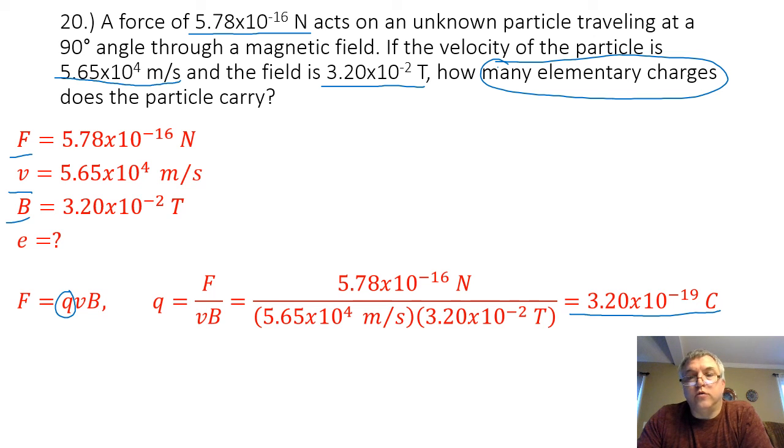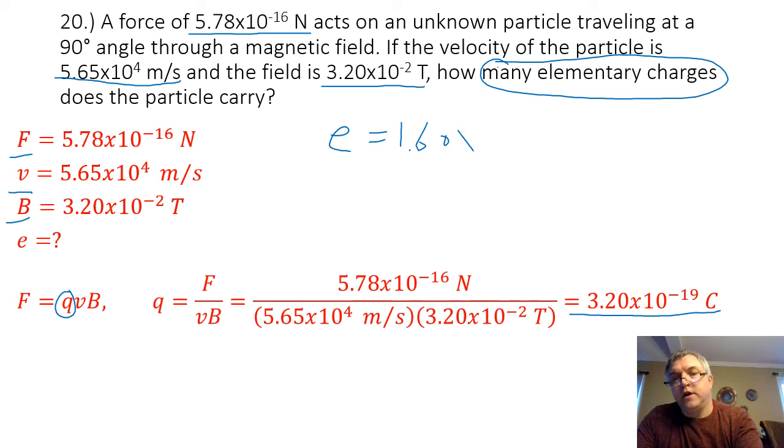Now that's the total charge of the particle. I know that one elementary charge, we use the symbol E for elementary charges, is equal to 1.60 times 10 to the minus 19th coulombs. So that becomes my conversion factor to go from the charge to the number of elementary particles, because I know one elementary particle has this charge.